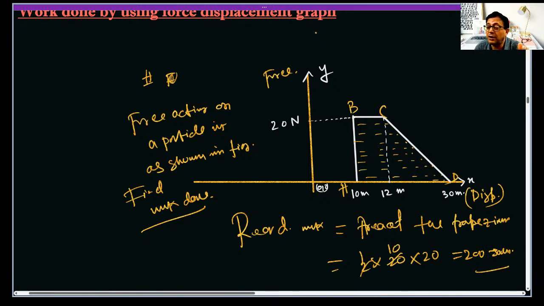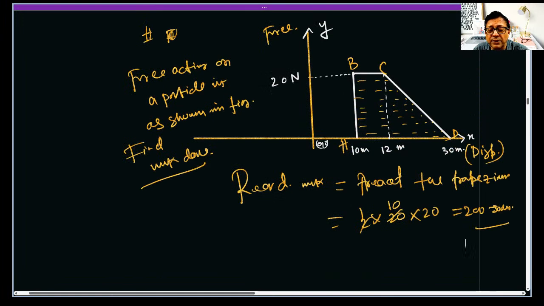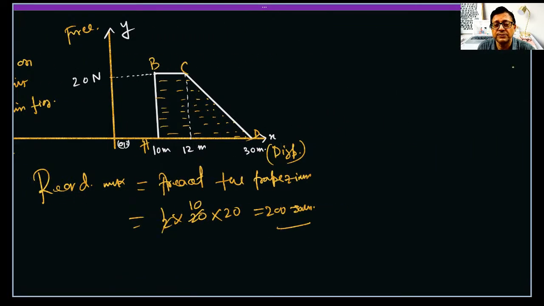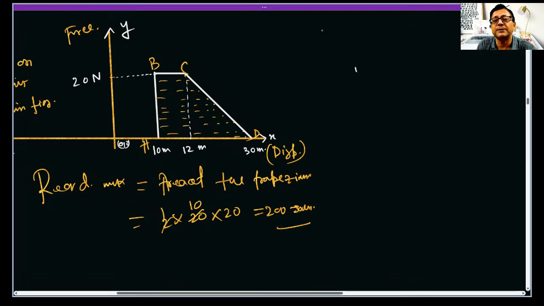Okay? For a curve, the equation of the curve will be given. Let me show you another example based on this concept where it is not given in this form. Say the problem is like this.